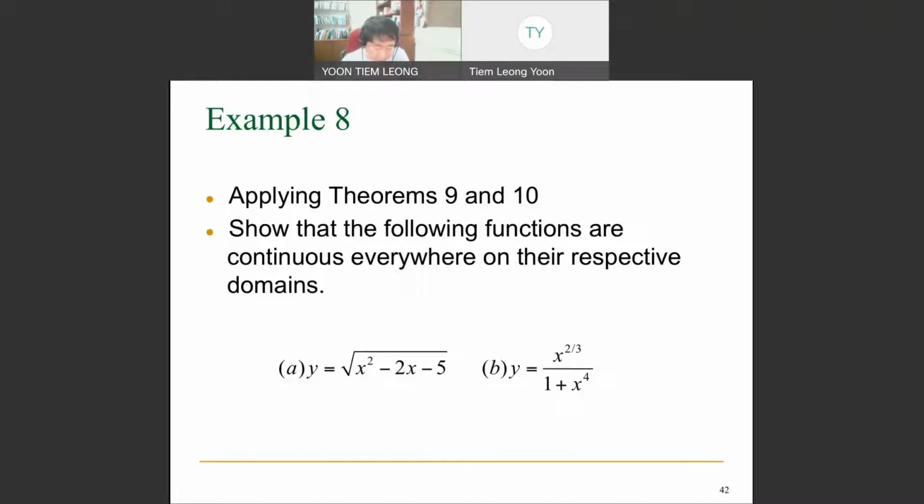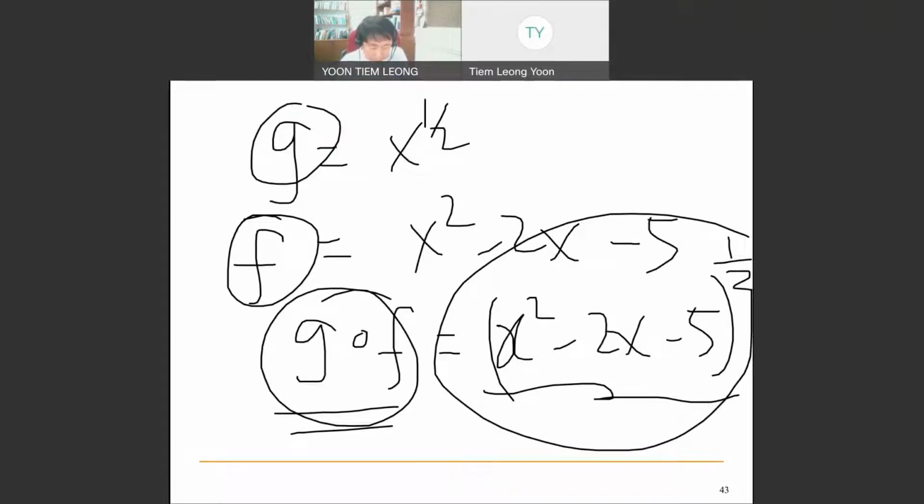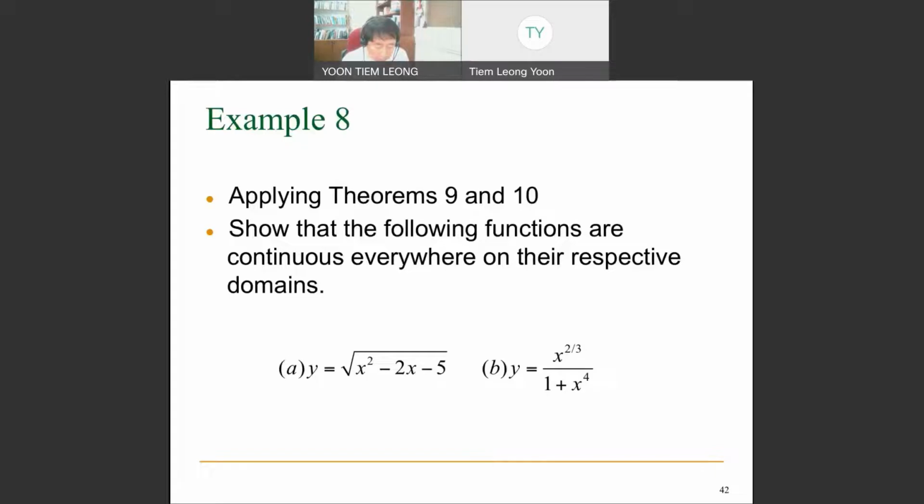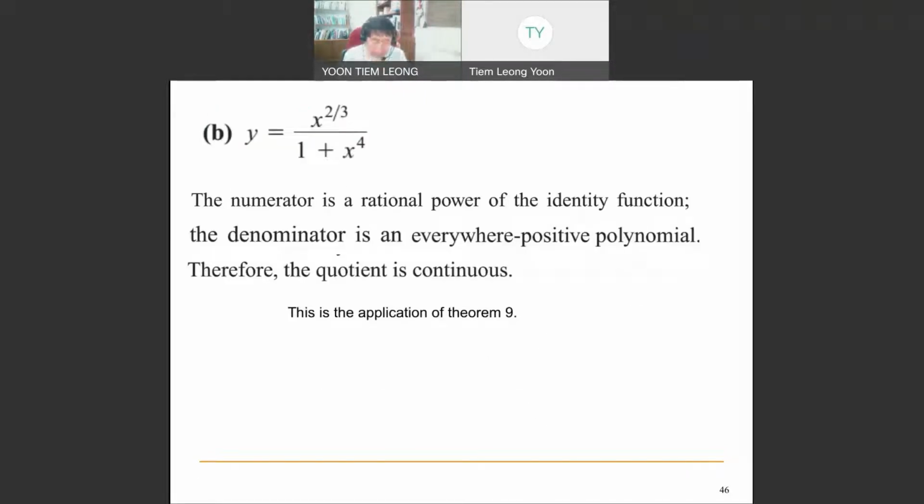Now you also can argue for the continuity of these functions by looking at the example of B. So let me come to this part and explain to you again how you can argue that this function is continuous. You can look at the explanation here. Well, this is a rational power of the identity function.